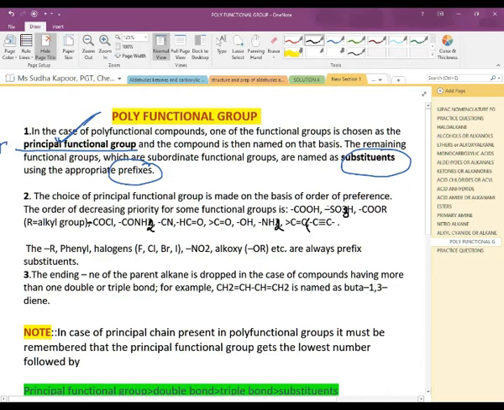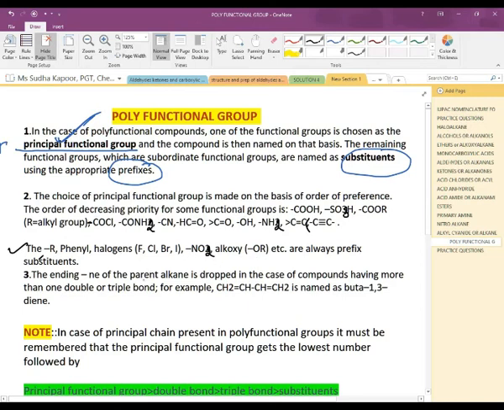So this is the order in which we have to give the various functional groups, which will become the principal and which will become the substituent. And along with this, always remember alkyl, phenyl, halogens, nitro, alkoxy, these are always used as prefix substituents.